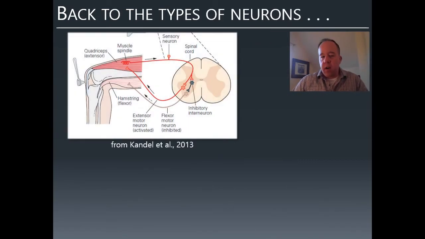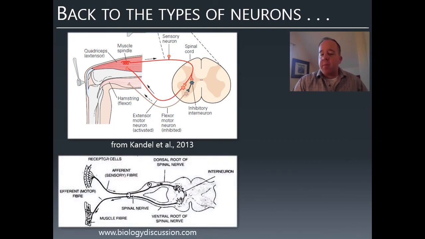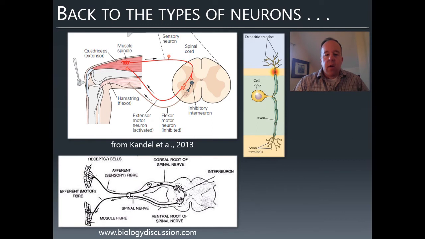And if you look at these diagrams of reflexes, this is going to refer back to the types of neurons we saw in our unit on neurons. And so we have these two diagrams we've already seen previously. The sensory neurons that are bringing information from sense organs to the spinal cord are unipolar neurons, if we remember that term.